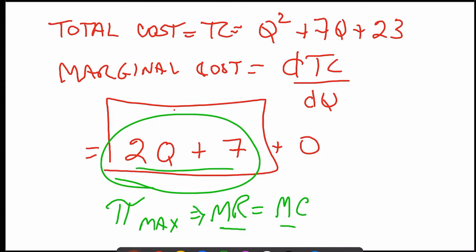Now I know how to find marginal revenue and marginal cost if I have a total cost equation and a demand curve. Yes, it does not get much more exciting than that.